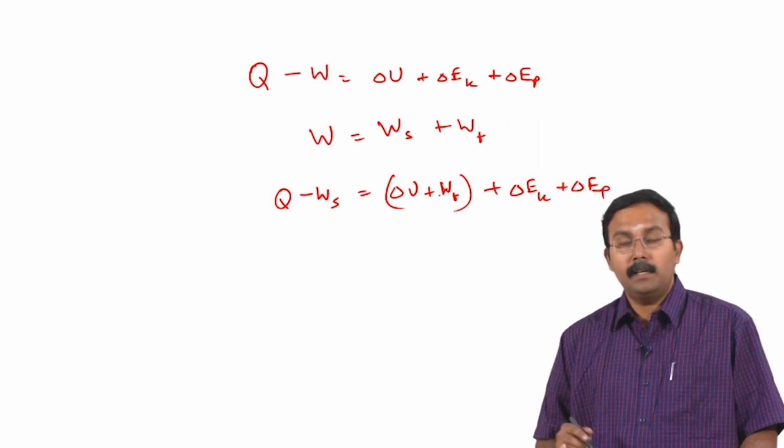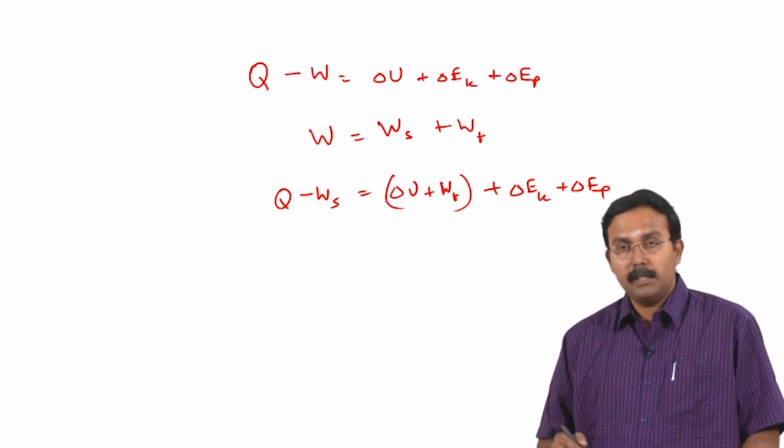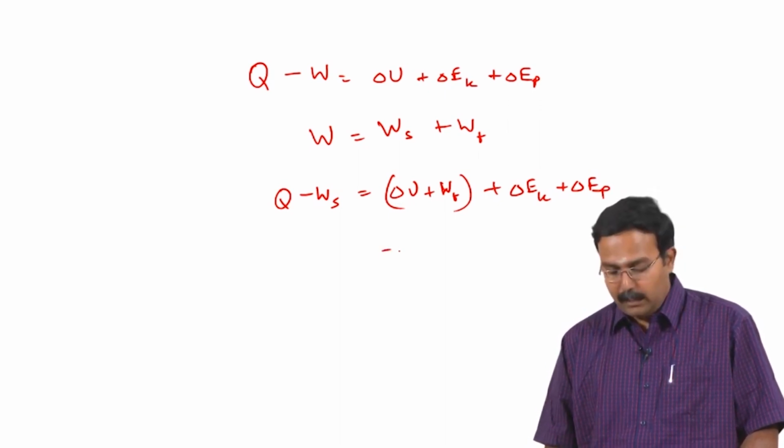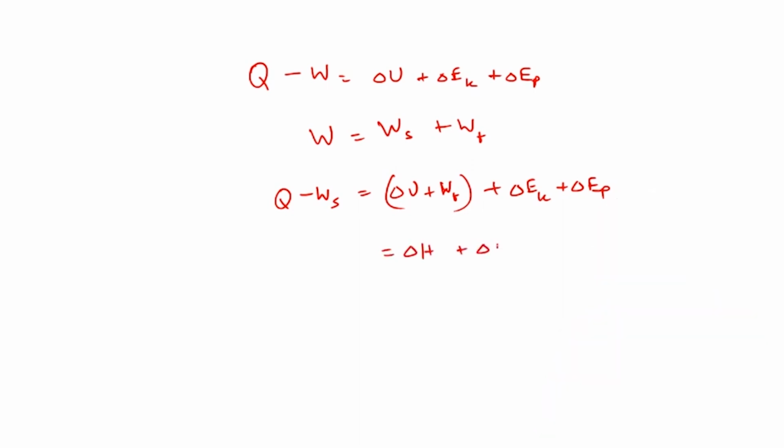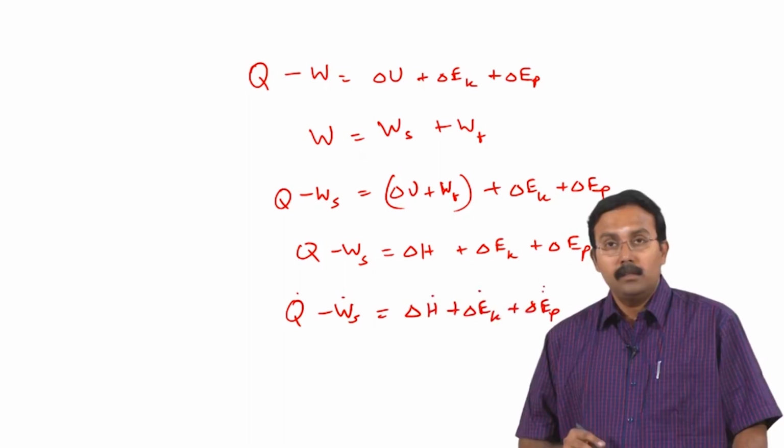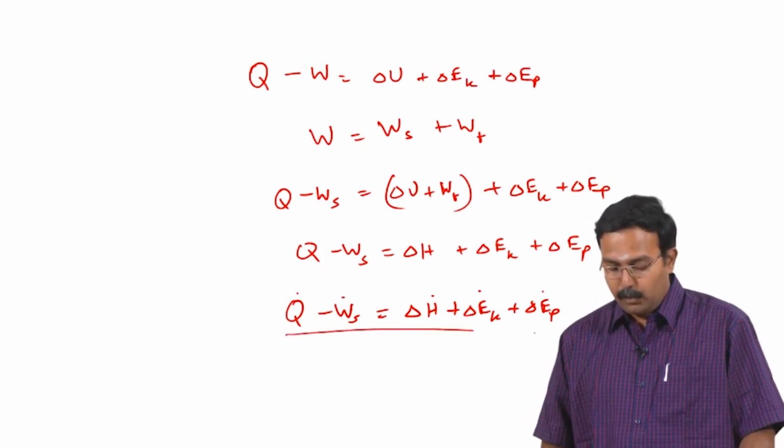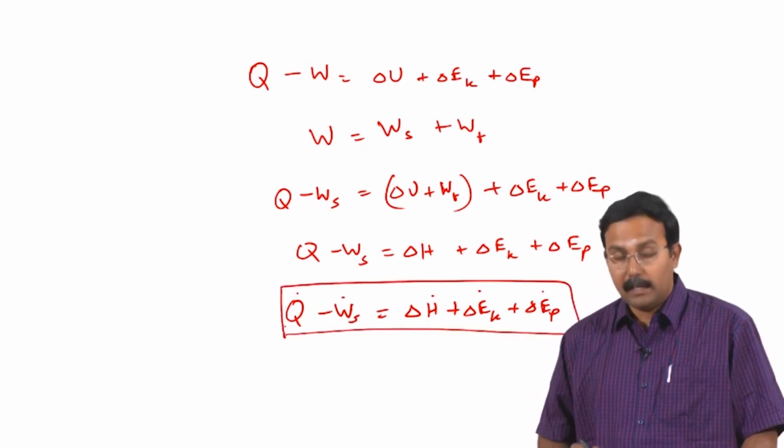As flow work can be written as PdV, delta U plus P delta V would become delta H, giving you enthalpy, and this would be the equation for an open system. In an open system, because there are flow rates and rates are used instead of masses or moles, we would write these as Q dot minus Ws dot equals delta H dot plus delta Ek dot plus delta Ep dot. So, for an open system we have been using this equation as the general energy balance equation.